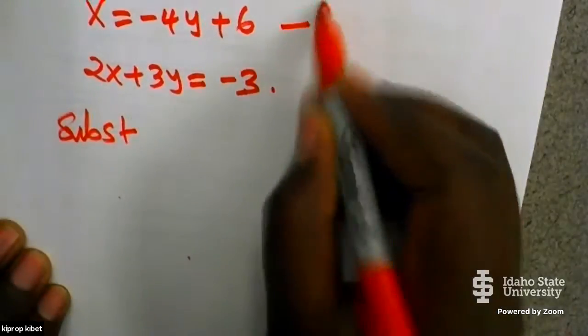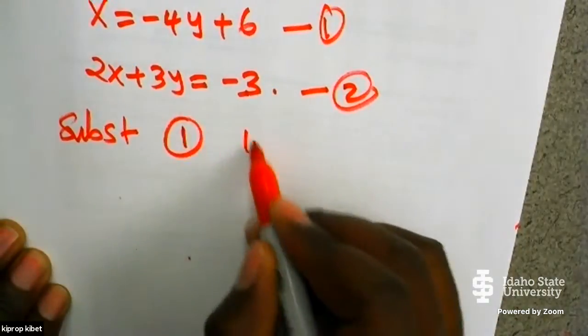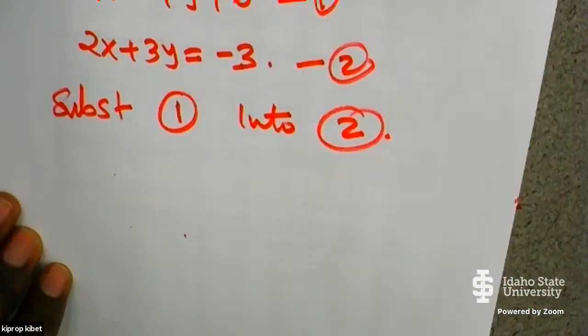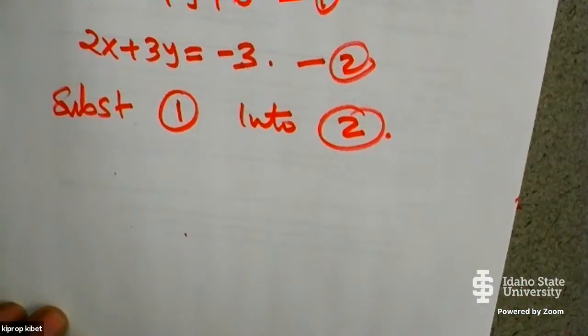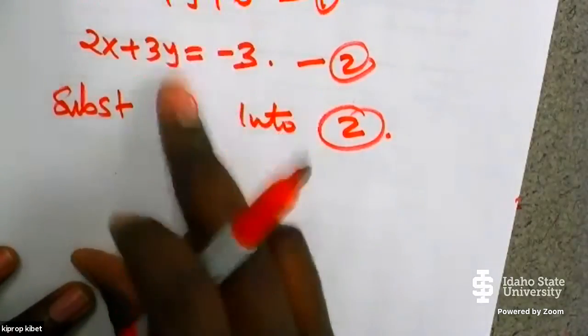So let's say this one is 1, and then 2. You substitute 1 into 2. So where there is x, you put minus 4y plus 6 in the second equation.